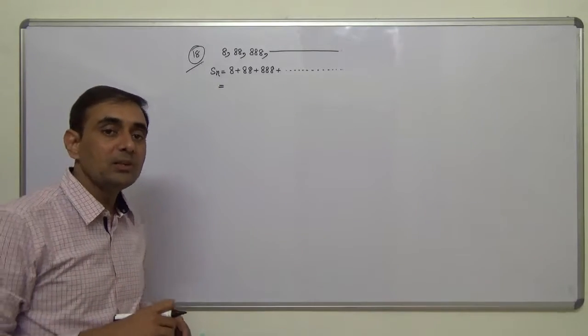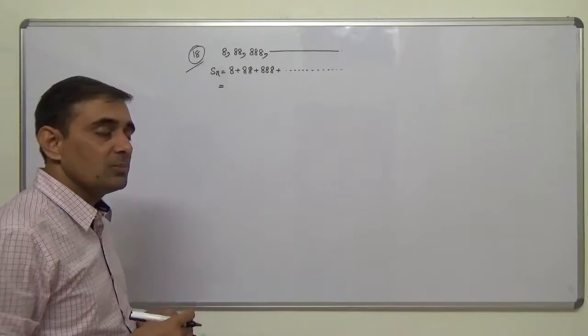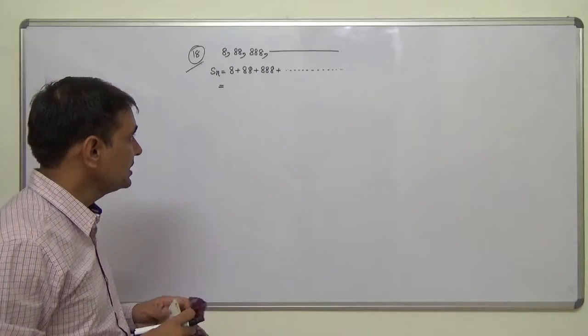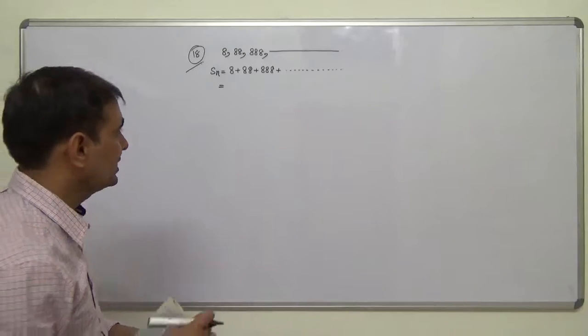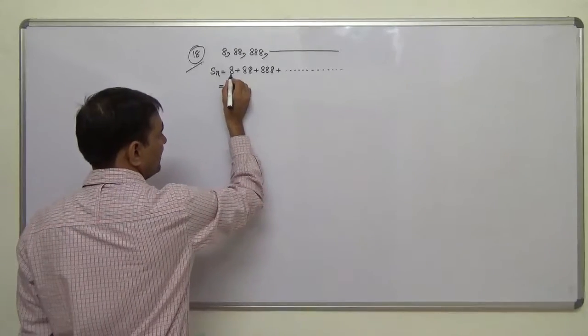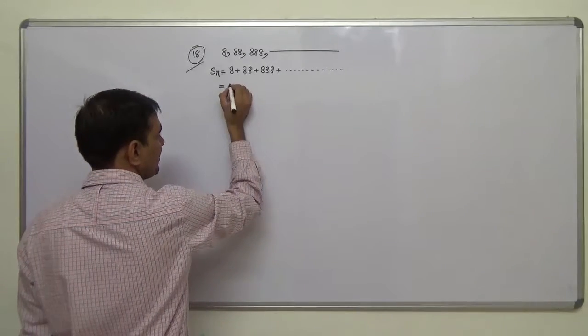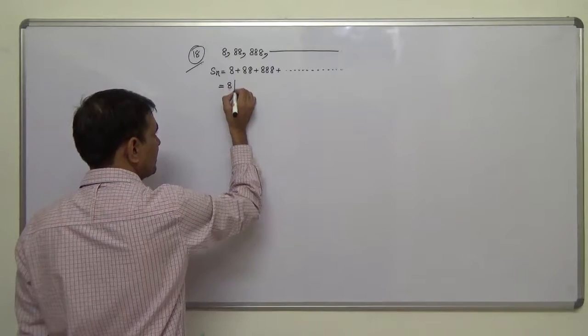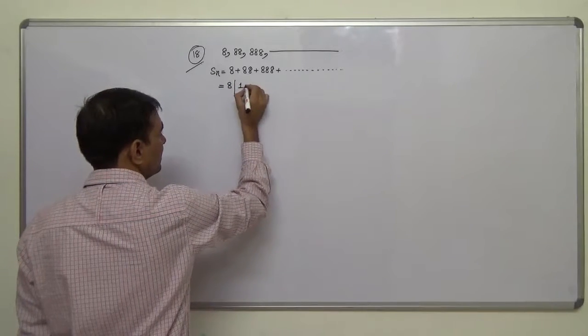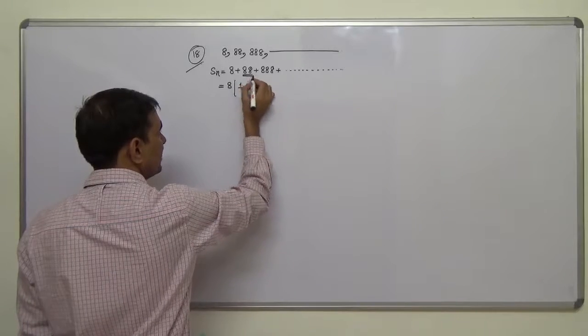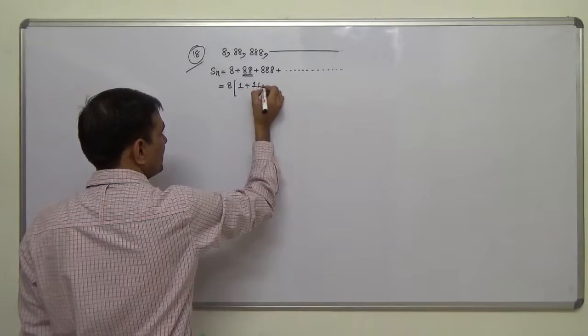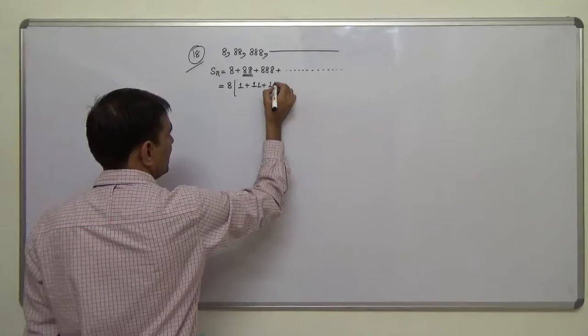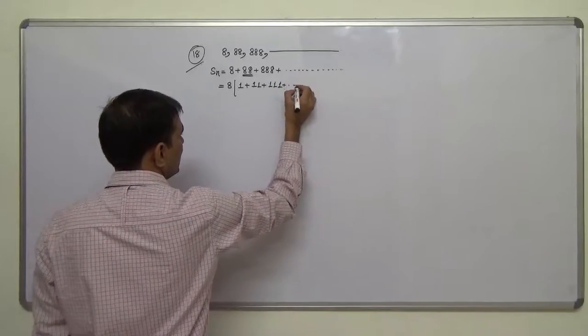This is neither AP nor GP. सो इसको हम जीपी में कन्वर्ट करेंगे. इस टाइप की सीक्वेंस को जीपी में कन्वर्ट करने का मेथड क्या होता है? फर्स्ट ऑफ ऑल आप इस नंबर को देखें 8. सबसे पहले आपको 8 यहाँ से कॉमन लेना होगा. सो इट विल बी 1 प्लस 11 प्लस 111 and so on, right?